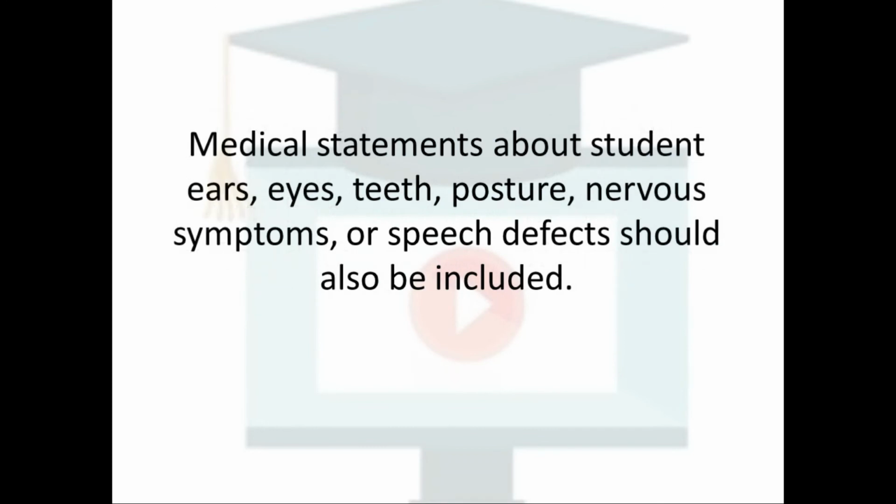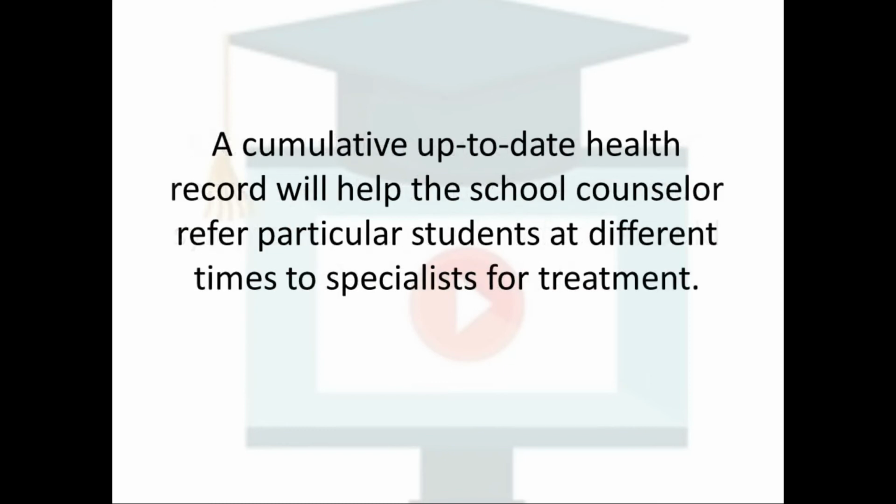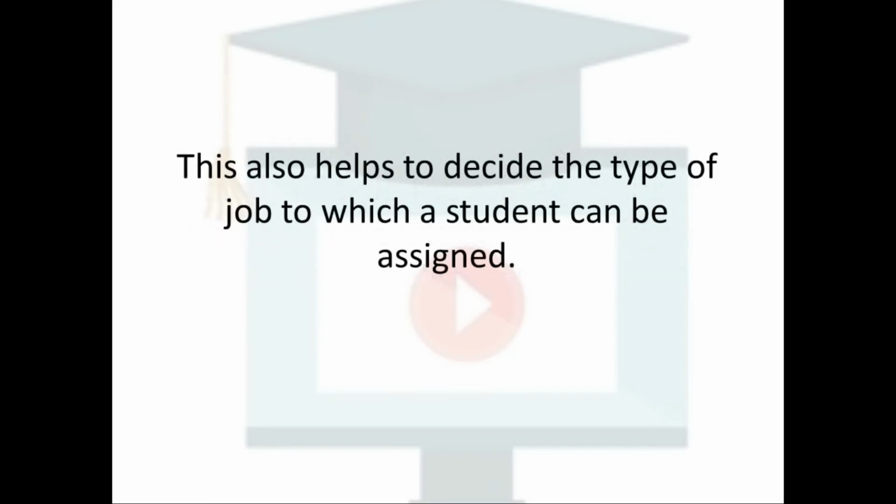Medical statements about students such as eyes, teeth, posture, nervous symptoms, or speech defects should also be included. A cumulative up-to-date health record will help the school counselor refer particular students at different times to specialists for treatment. This also helps to decide the type of job to which a student can be assigned.